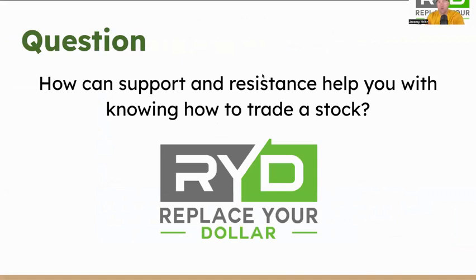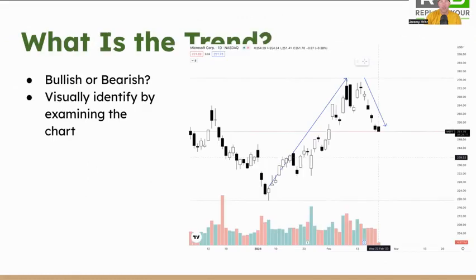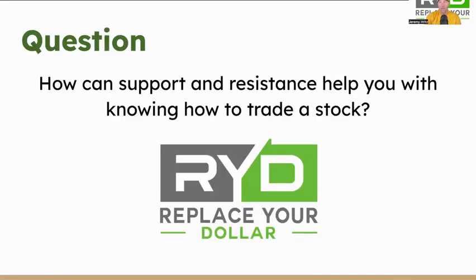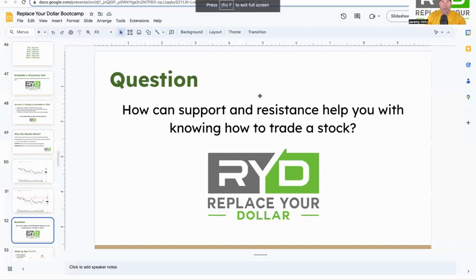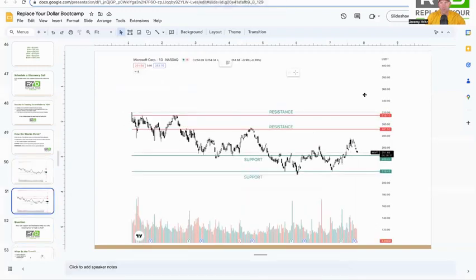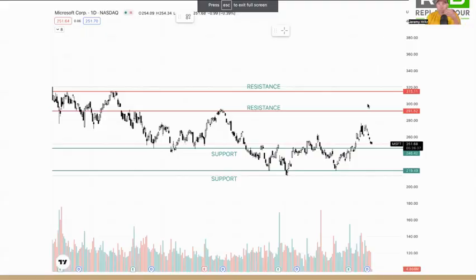Okay. So the question that I've talked about and referenced a little bit here so far is how can we use support and resistance to help us know how to trade a stock, right? And it's simple. We'll just look at this Microsoft chart here. Again, very simple, very basic, and that's what we want to keep this.